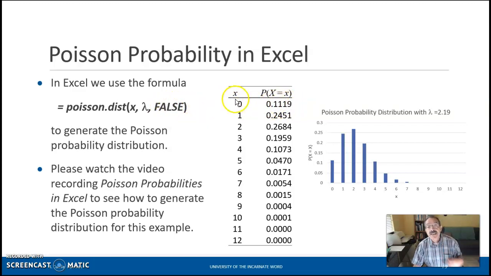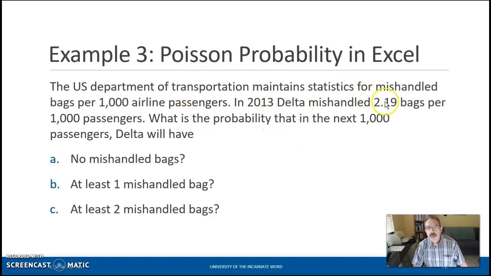So in this case, I enter 0 through 12. And remember, this could go to infinity. But you can see that by the time we reach 11, the probability is almost 0, and by 12 it is almost 0. So this is the Poisson probability distribution for the lambda value that we have right here.